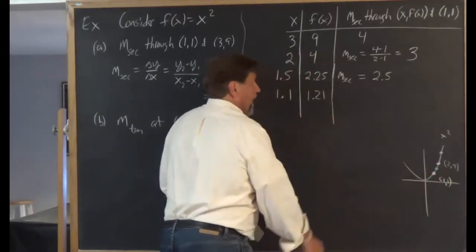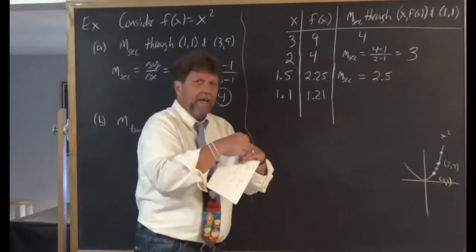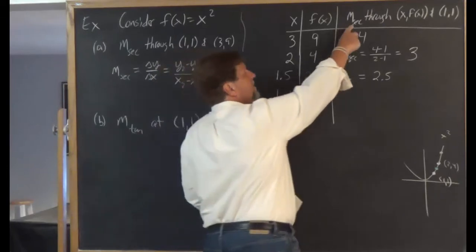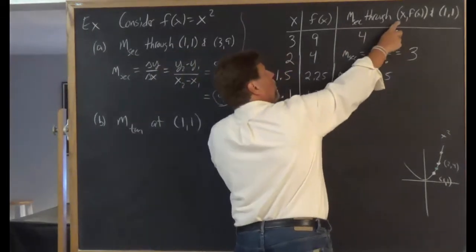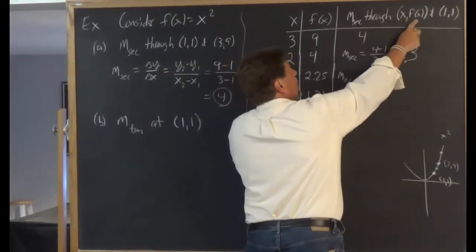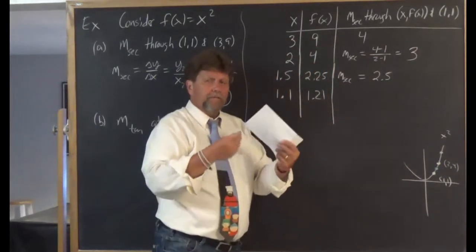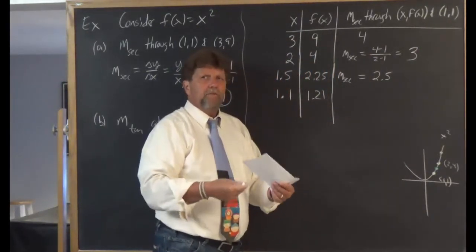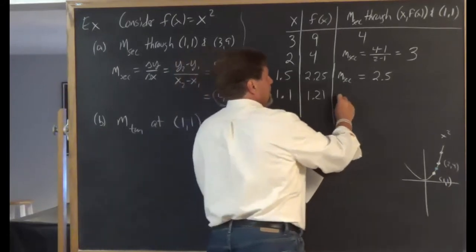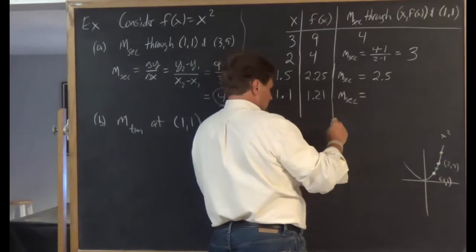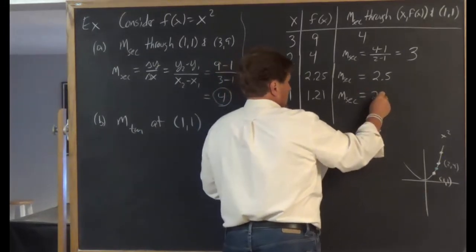But I have two distinct points that I can find the slope of the secant line through: (1.1, 1.21) and (1, 1). So we use the slope formula, y sub 2 minus y sub 1 over x sub 2 minus x sub 1, and we'd get the slope of that secant line to be 2.1.